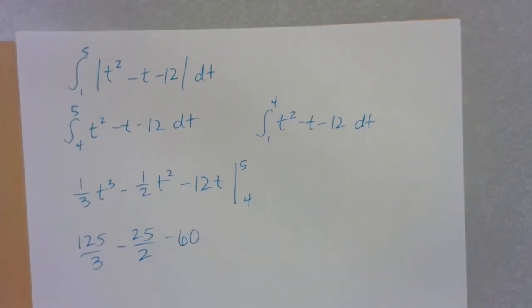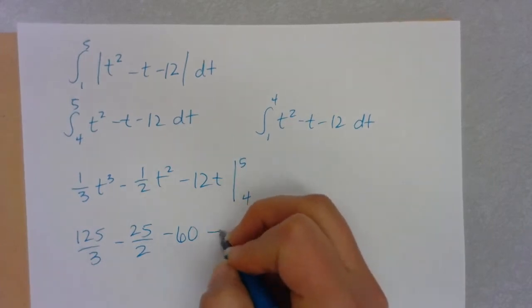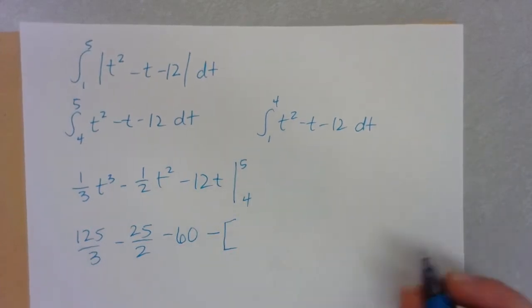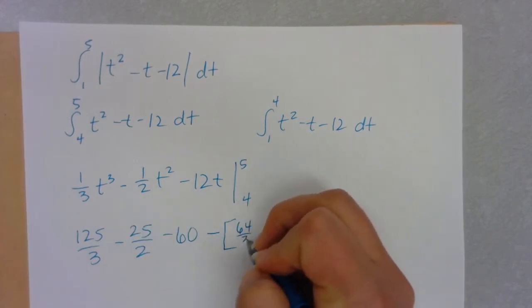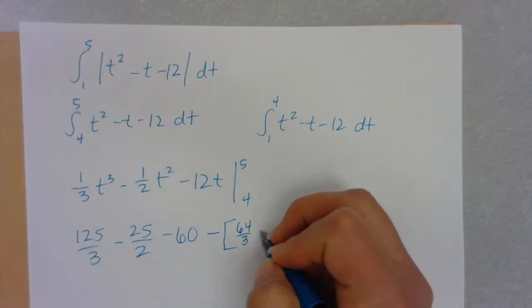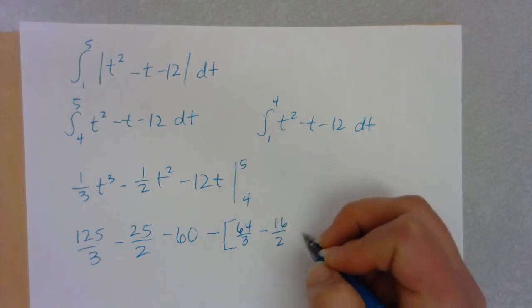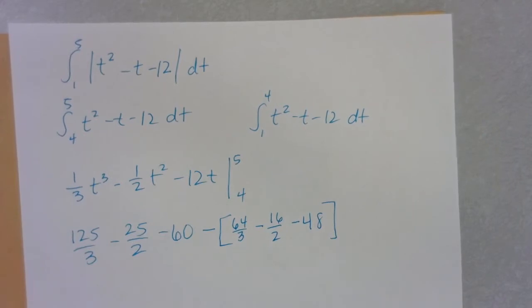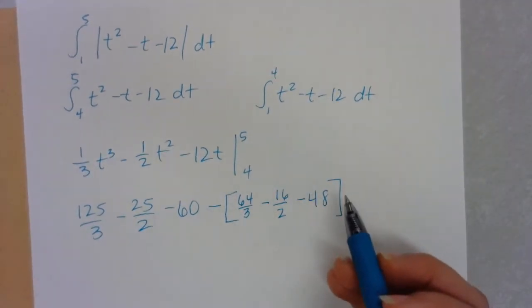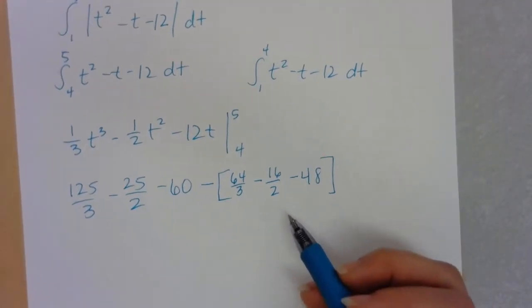We've already calculated that once, right? And then we're going to have minus, put my parentheses there. When I plug in 4, 4 cubed is 64 over 3, and then I get minus 16 over 2, and then minus 48. All right, so this is my first calculation, and this should be a positive value. We'll come back to it.